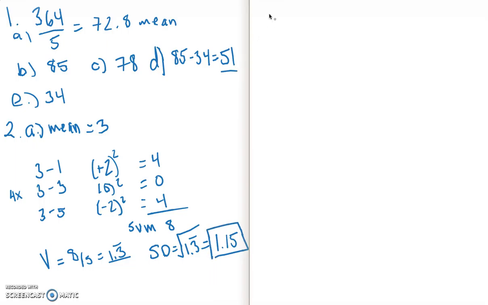All right. Number 3. Which data set has the smallest standard deviation? When you look at it, you want to see the spread. For the first data set, your spread is only from 90 to 78, which isn't too large of a spread.